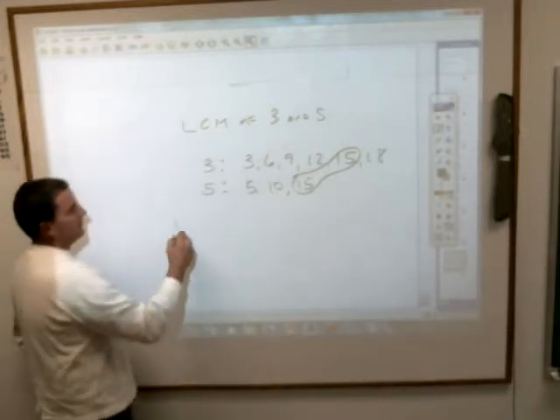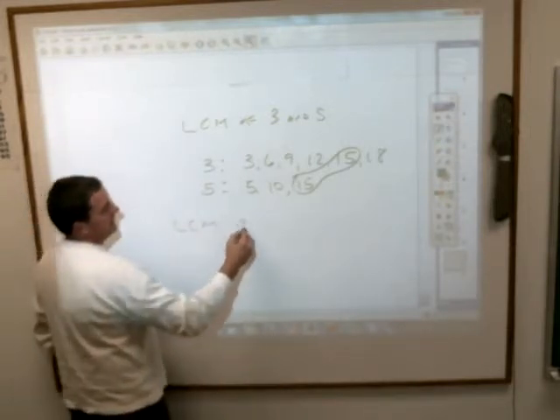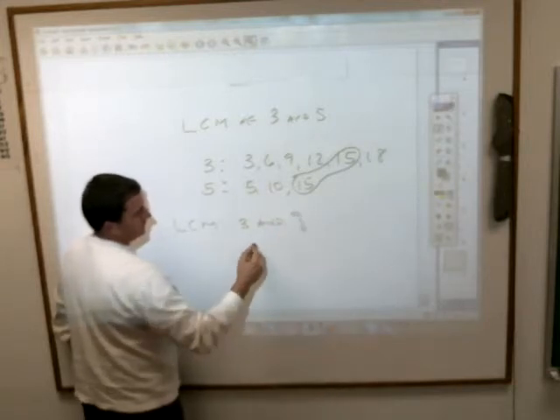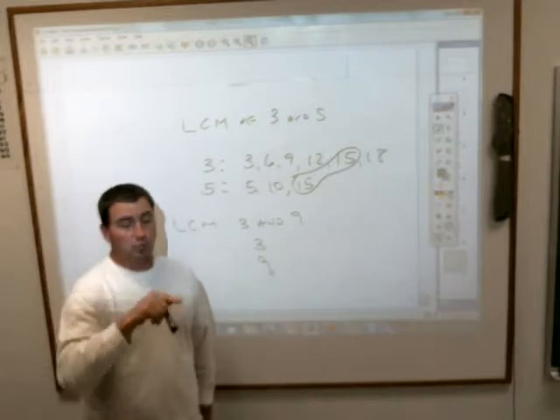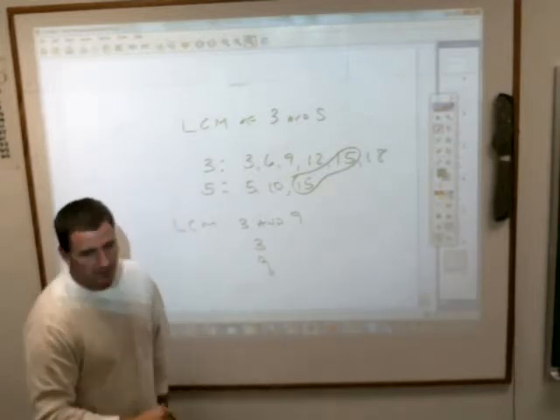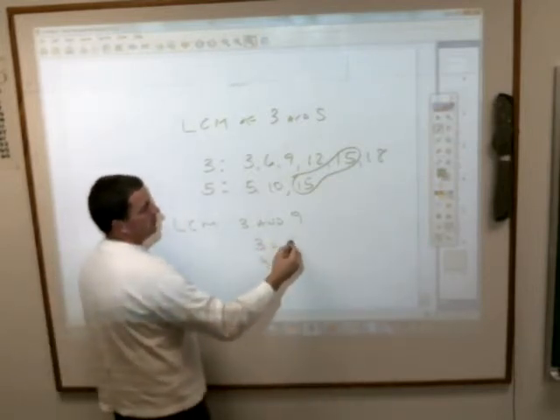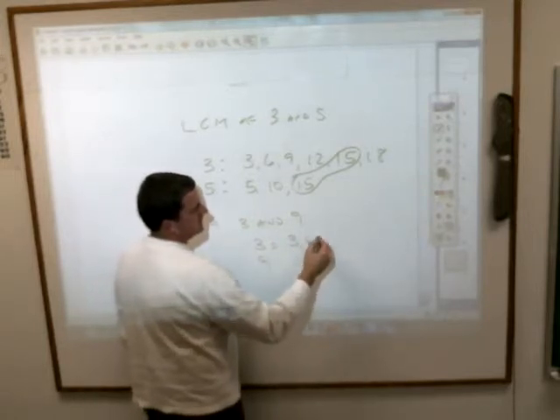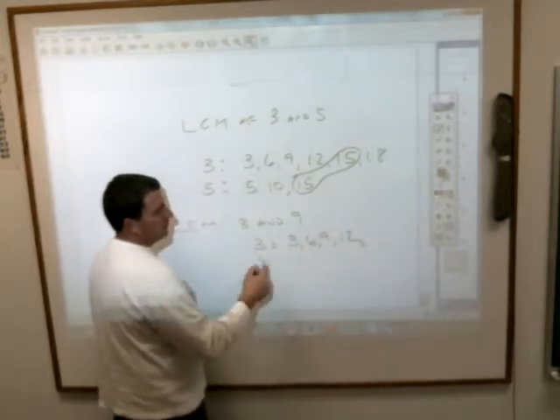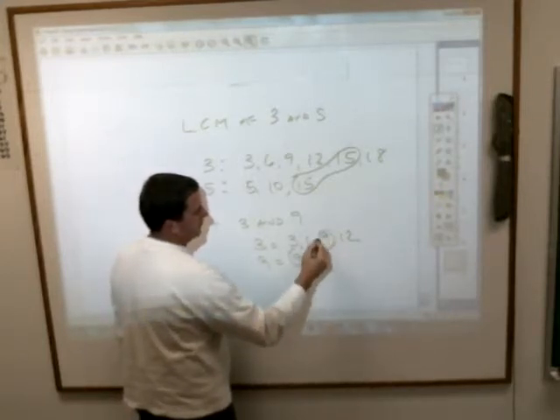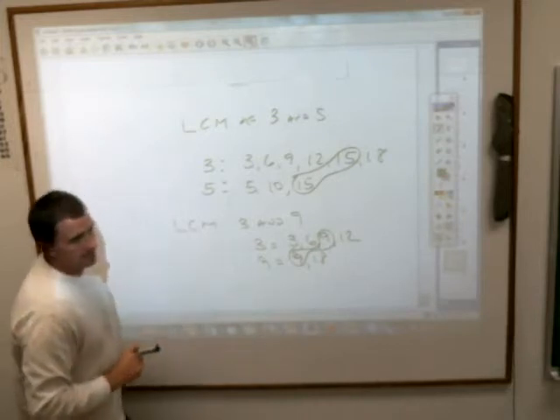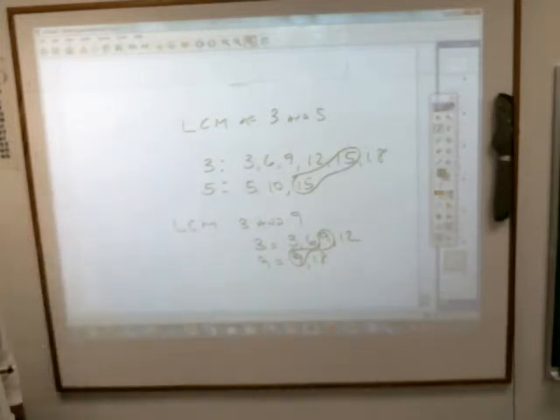For example, the least common multiple of 3 and 9. 3 times 9 is 27. 27 is one of the common multiples, but it's not the smallest common multiple because multiples of 3 are 3, 6, 9, 12. Multiples of 9 are 9, 18, and you could stop there. The smallest multiple they both have is 9, not 27. So you have to be a little bit careful on what you think is true and what really is true.